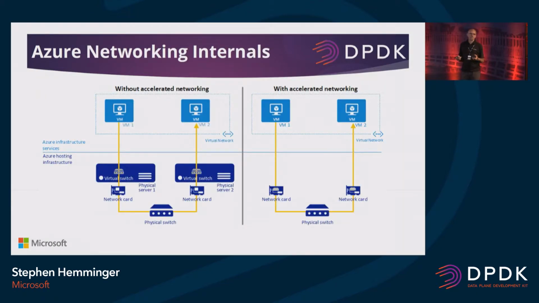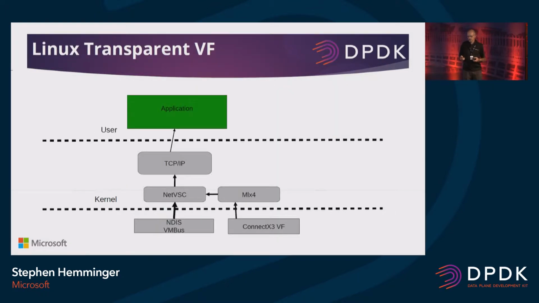And how does this show up in the guest? Traditionally, on Hyper-V, networks went through virtual switches. And with accelerated networking, we give a VF to each guest. So each guest can see their own slice. That gives them line rate performance. But we also have a fallback path.